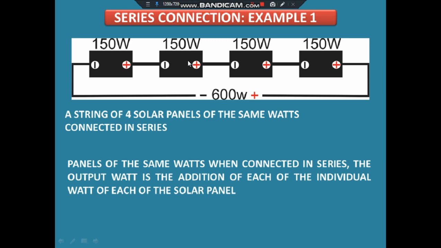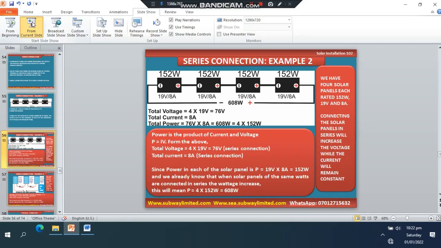And if you equally need 600 watt output, you will need two of them. That is how we go about the business. We are going to bring in more illustrations for series connection. Watch out for our next module. Thank you.